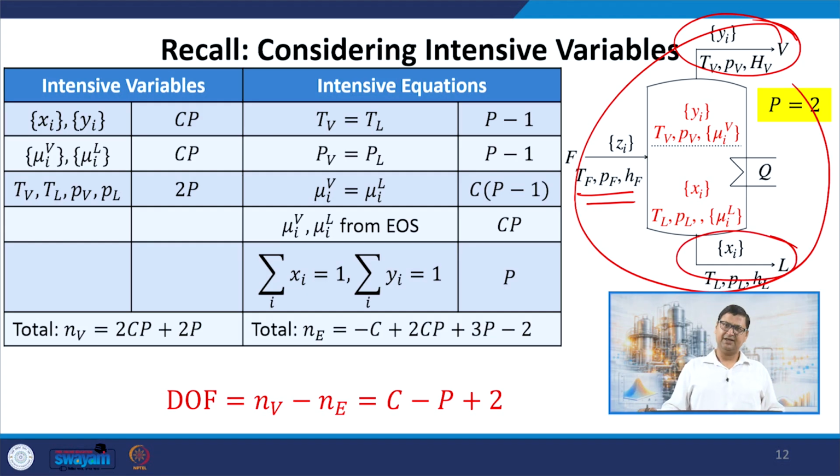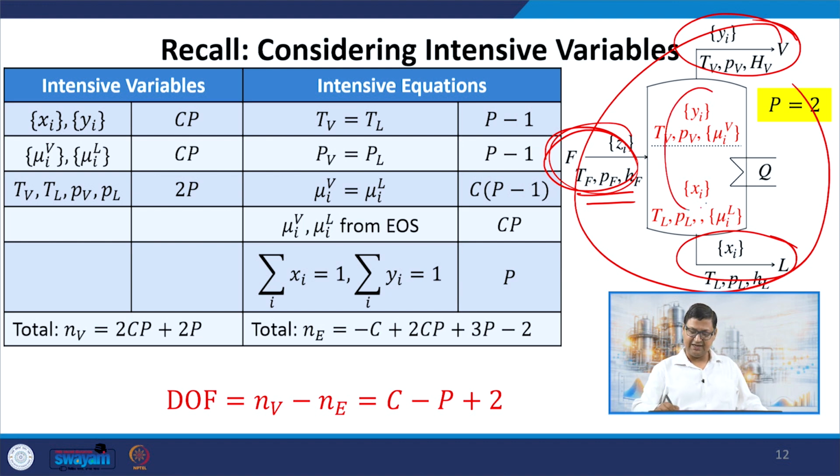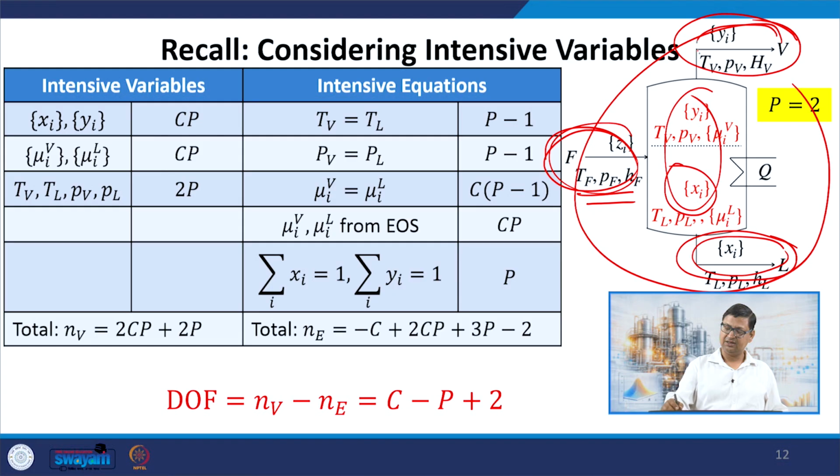What is important here is that the feed itself can be in any condition, right? But the conditions inside the separator, whatever vapor condition and liquid condition we have inside the separator, are the same as the vapor outlet and liquid outlet respectively, right?